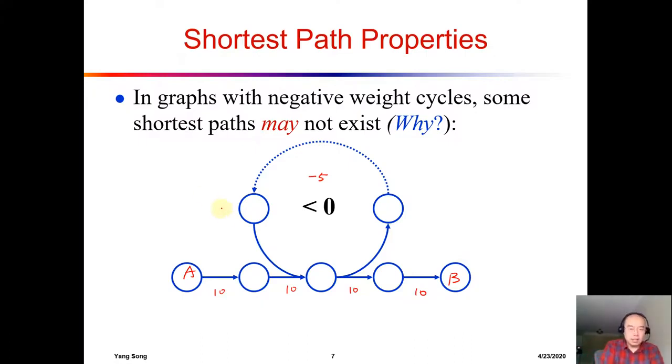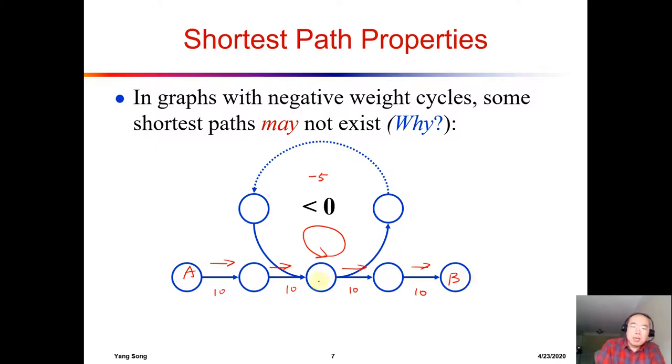Think about that. If we go here, we take this way, and after that, if we do one circle, what is that? That is 10, 10, and then a -5. So we can get here at the cost of 15. And then if we go here and here, we can get to B at the cost of 35.